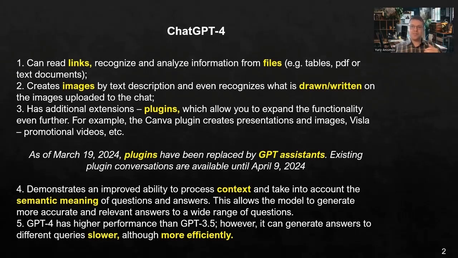We know that ChatGPT does not know how to count, but with the aid of Wolfram Alpha, it can make complex calculations. And that's very useful for students, for teachers. A Canva plugin can create presentations and images. Visla can create promotional videos. So many cool features that were not available in the 3.5 version.